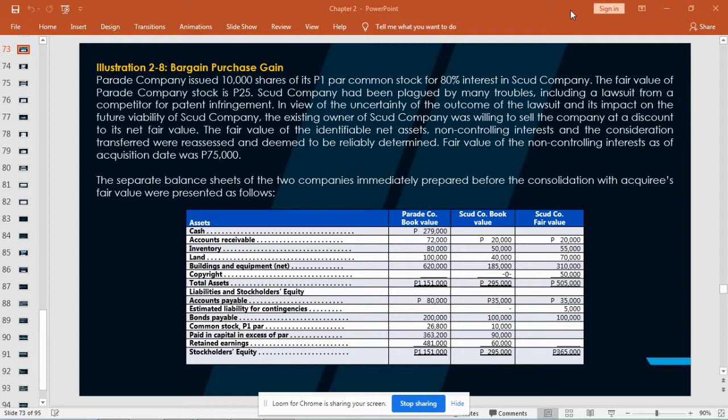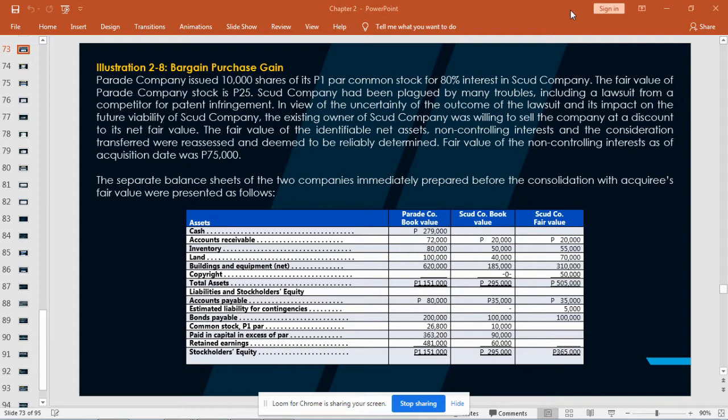SCUD Company had been plagued by many troubles, including a lawsuit from a competitor for patent infringement. Wow, this is big based on practical scenarios. In view of the uncertainty of the outcome of the lawsuit and its impact on the future viability of SCUD Company, the existing owners were willing to sell the company at a discount to its net fair value.